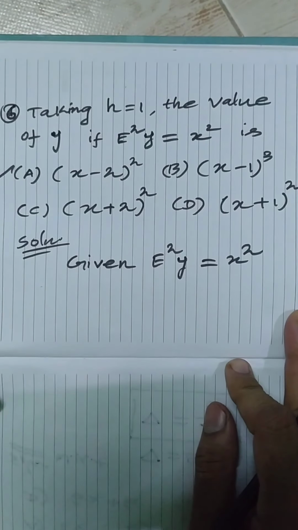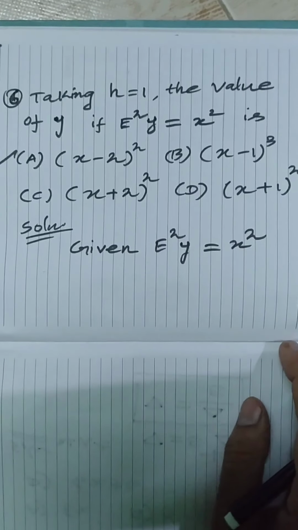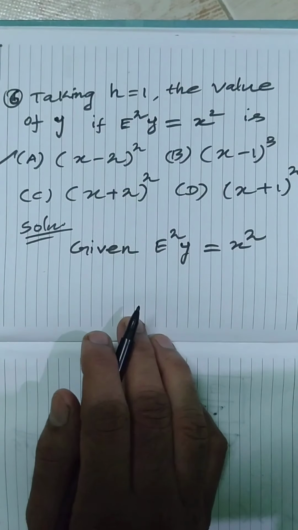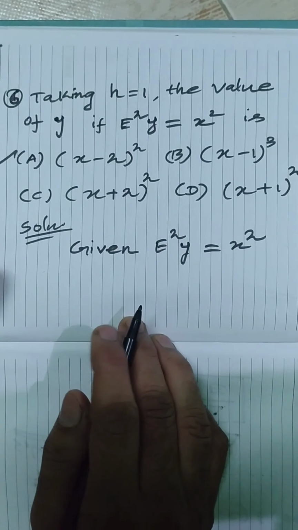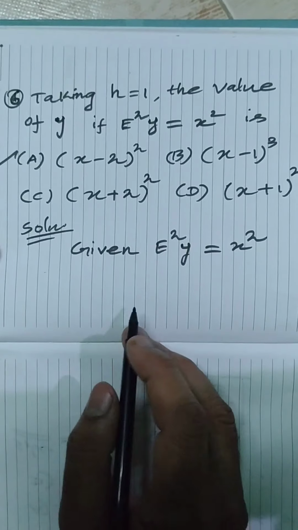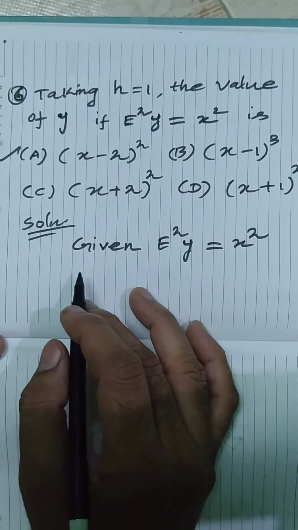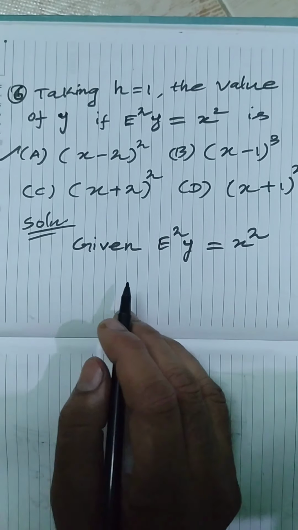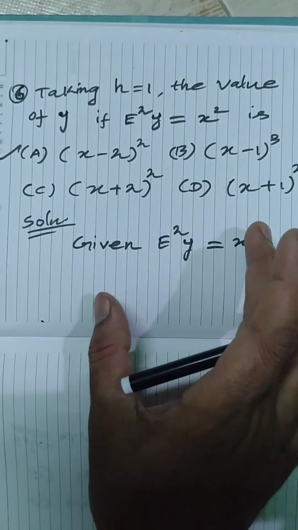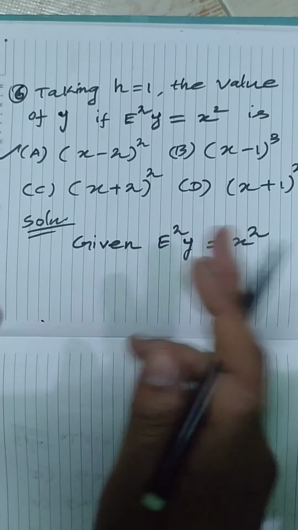Next, I take this question from the difference topic, that is forward and backward, then shifting. Very interesting question, this one. We have already solved such problems in this topic, but this is a previous year question from a competitive exam.